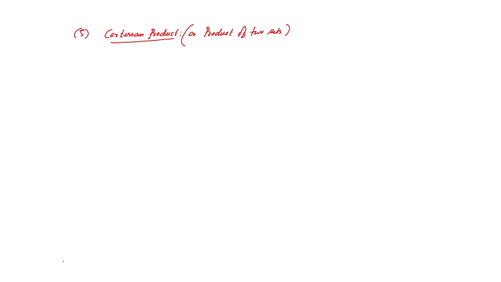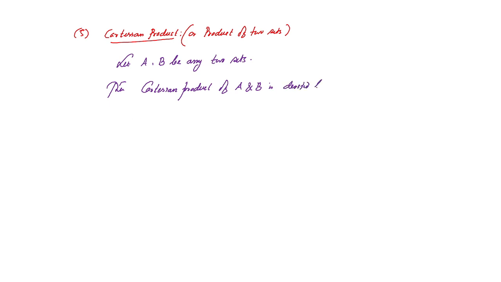Let A and B be any two sets, then the Cartesian product of A and B is denoted by A Cartesian product B, and is defined by, and so here we can take A and B to be any two non-empty sets. Otherwise the Cartesian product will be meaningless.